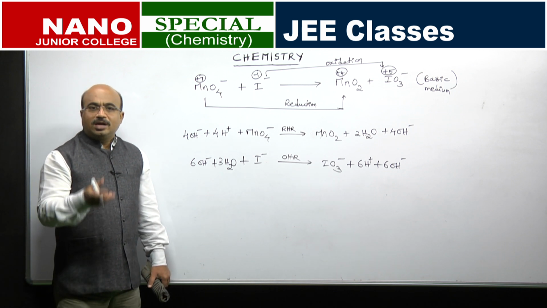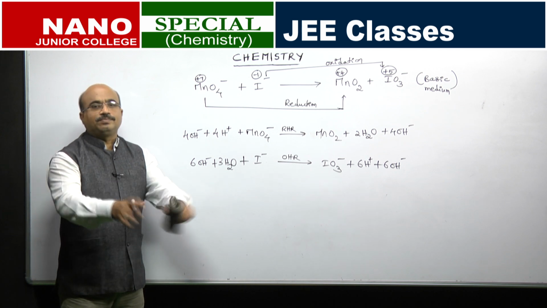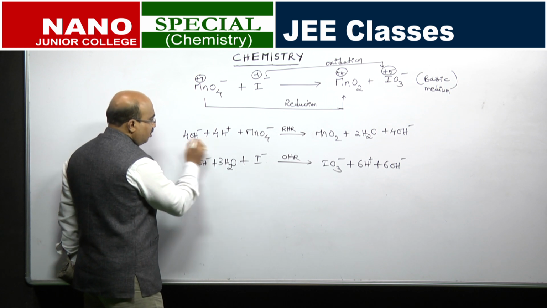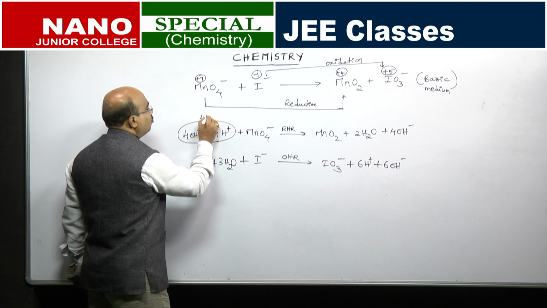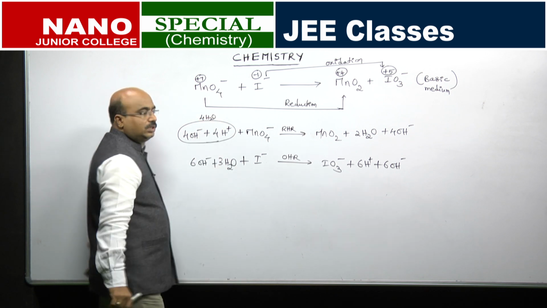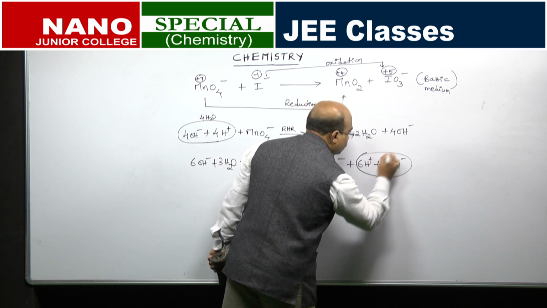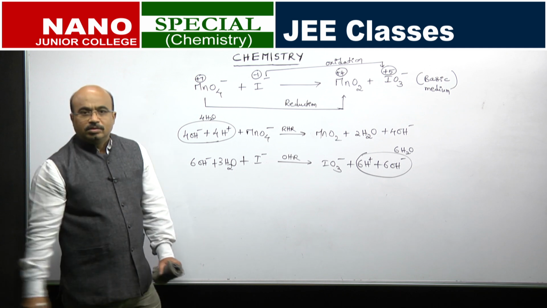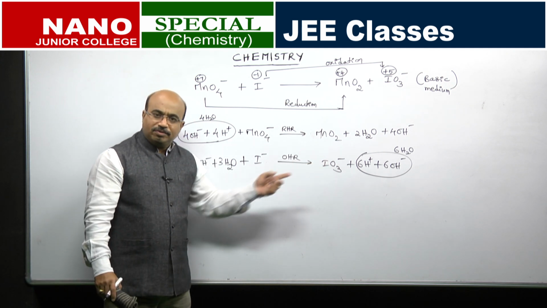But whenever we add H plus and OH minus, immediately they become water. So, the side where H plus and OH minus are there, it immediately becomes H2O, that is 4 H2O, and here it becomes 6 H2O. So, you are having 3 H2O here, 6 H2O, you can simplify here.